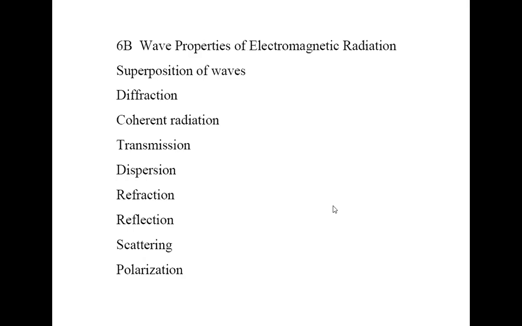So we've talked about diffraction, coherent radiation, transmission, dispersion, reflection, scattering, and polarization. I'm going to emphasize some of this. We already started talking about diffraction, all right? But I want to give another view so that every one of us gets this idea.